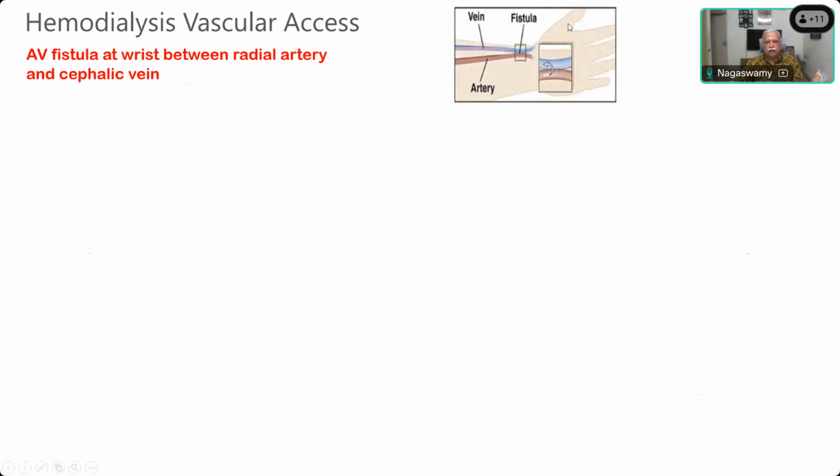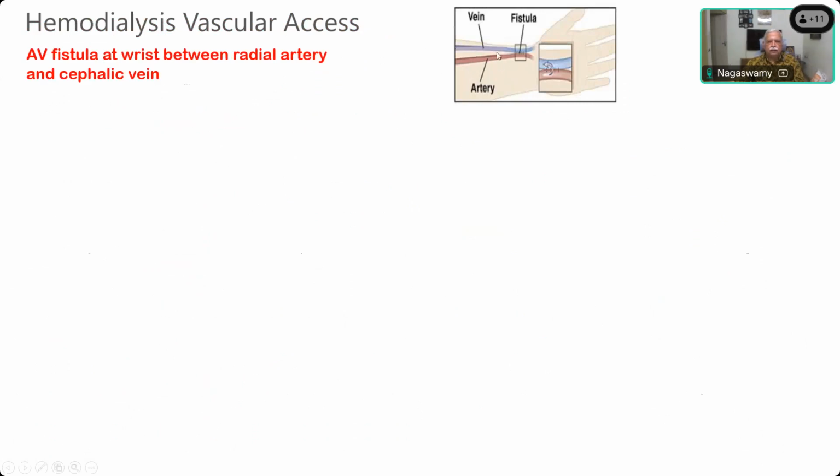At the wrist level, this is the hand. You make a communication between the vein and the artery and create a flow. So because of the high pressure in the artery, it will flow into the vein. And over a period of time, all these veins will become dilated and very prominent. And this is called the arterialization of the vein.